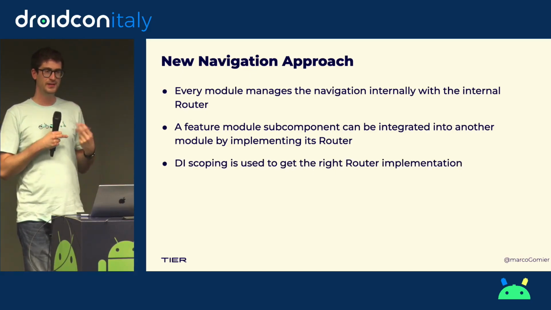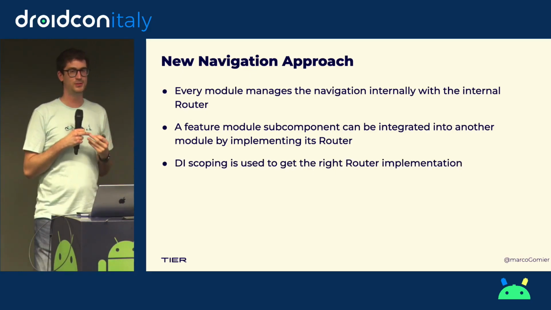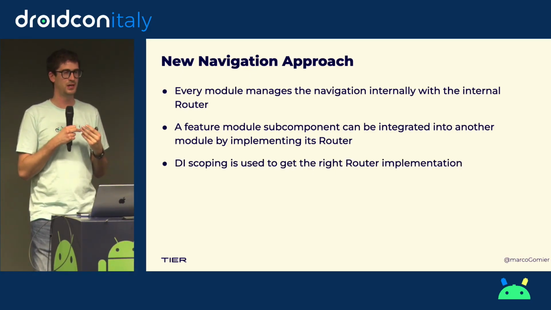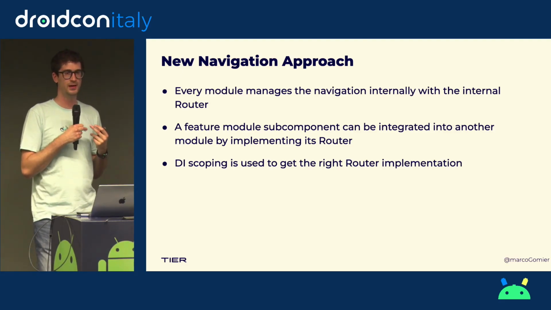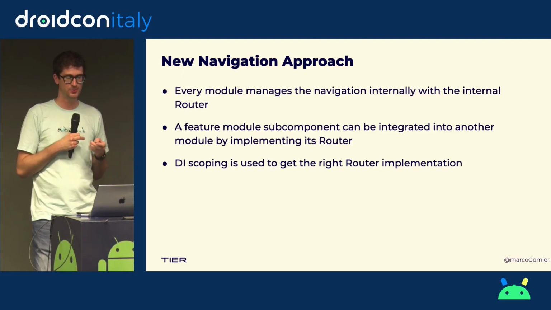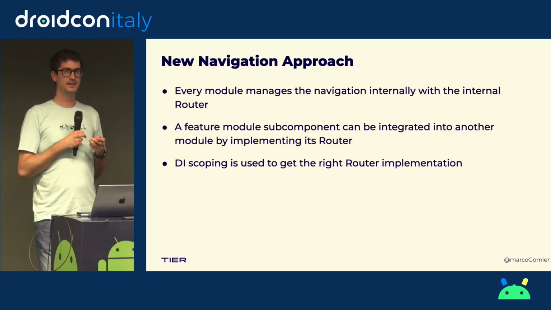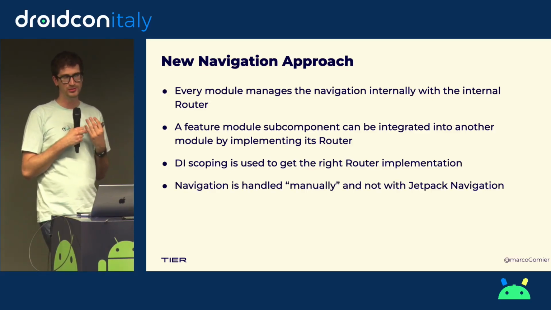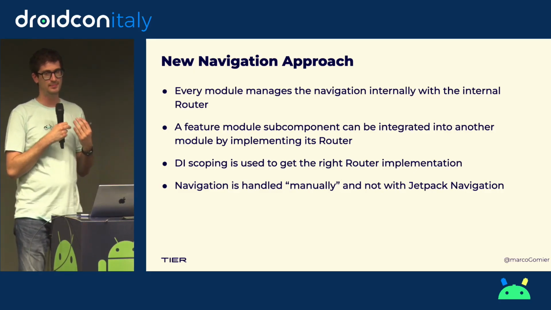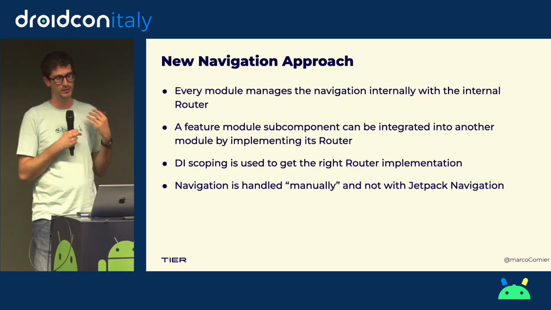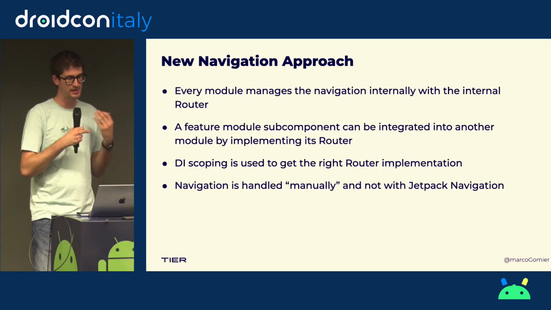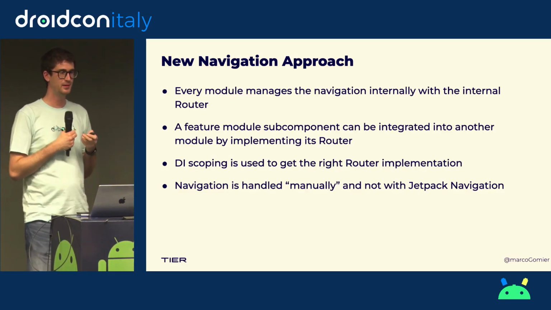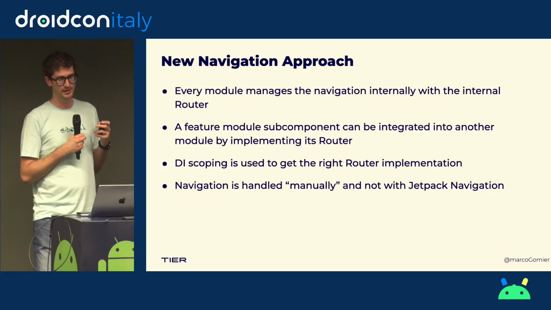There could be different subcomponent routers, so the correct one is retrieved using scopes of the dependency injection library that we are using. And then the navigation is handled manually, the good old way, with start activity, fragment support manager, stuff like that, and not with Jetpack Navigation, because it was not quite handy with our multi-module structure.